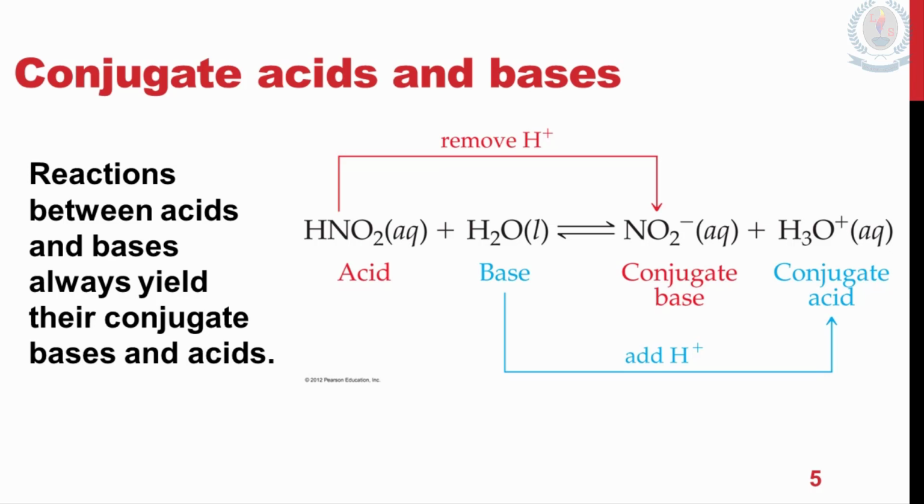Here HNO2 and H2O react to form NO2 minus and H3O plus ions. HNO2 is the acid and its conjugate base is NO2 minus. H2O liquid is the base and its conjugate acid is the hydronium ion, that means H3O plus.